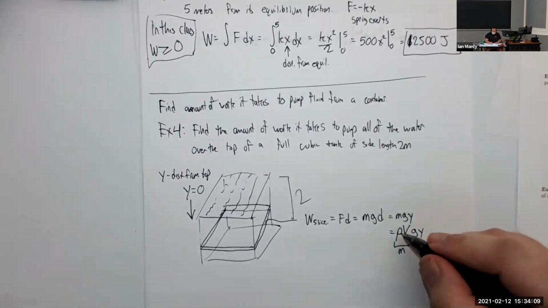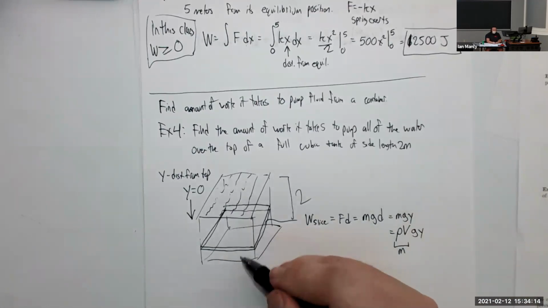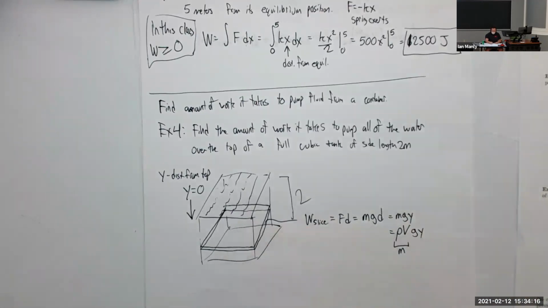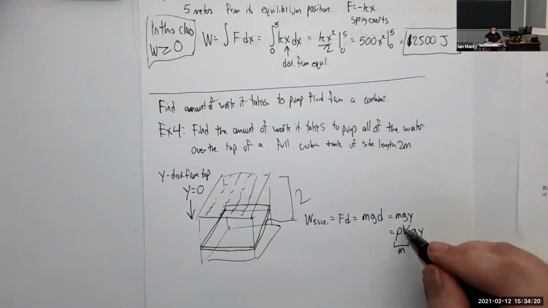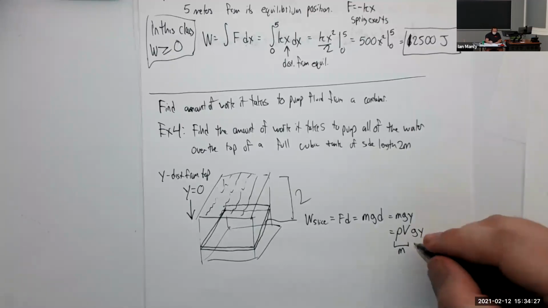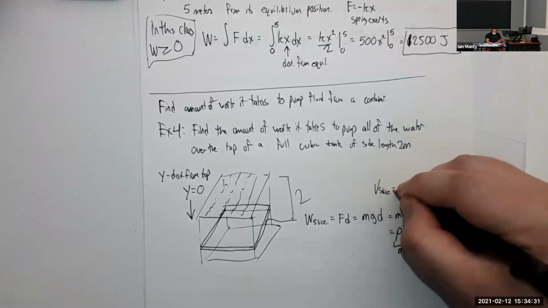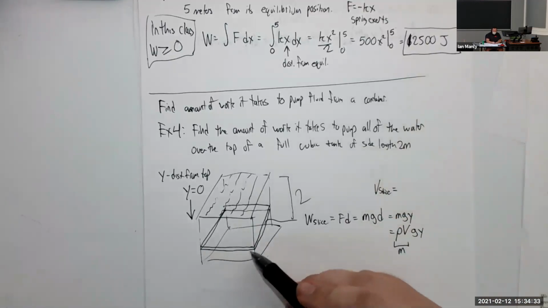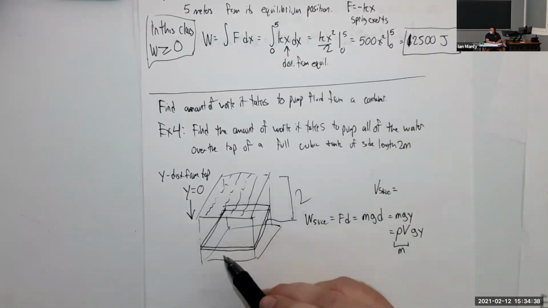Okay, so now the density of water, that's a constant as well. This water isn't changing density as we move up and down or anything like that. So this is a constant, this is a constant, this is a variable we're okay with, but we can't just have V in there. We need to have either a constant or y's. So we need to figure out the volume of each one of these slices. Technically this is a very thin rectangular prism, right?